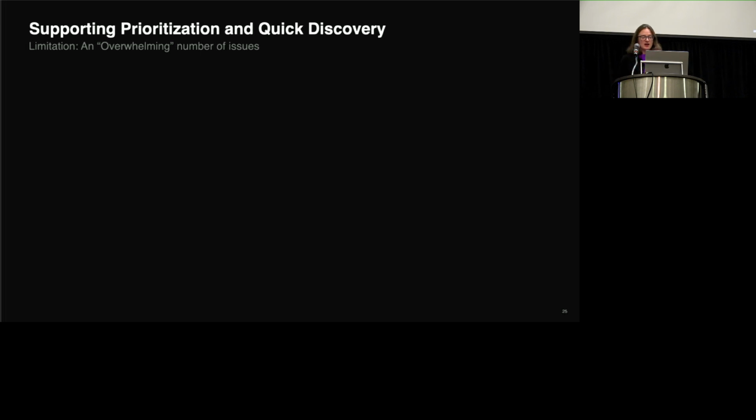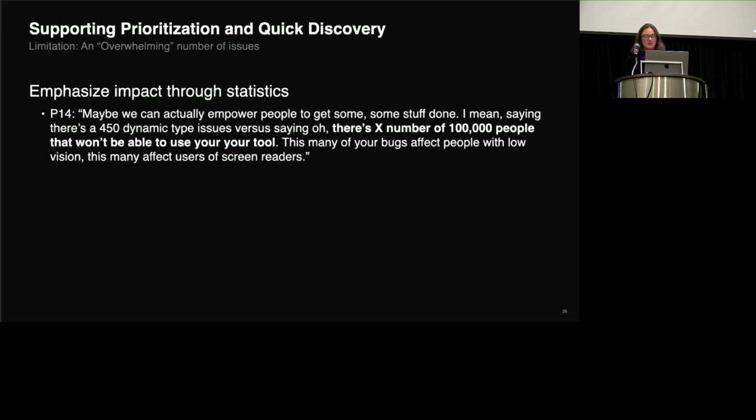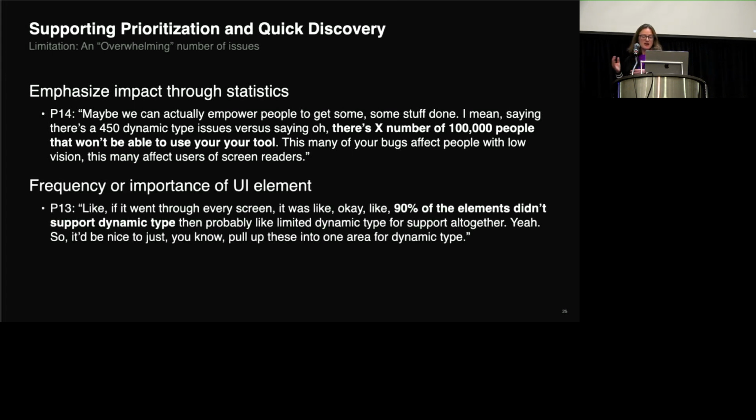And participants had a lot of great ideas for this. They mentioned things like emphasizing the impact of the issues on the end users through statistics, like how many people might be impacted if this accessibility feature doesn't have good support. Another was by the amount of use or the scope of the issue across the app, or even importance of the UI element in different navigation flows.